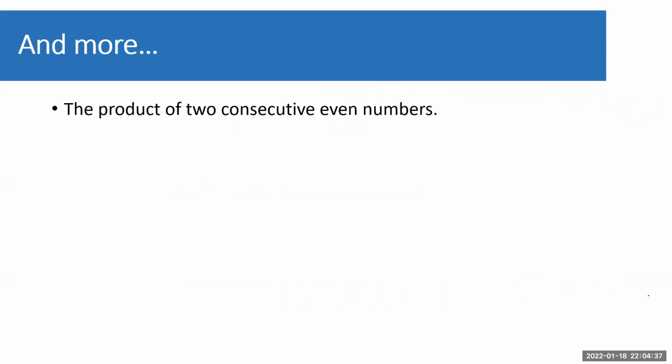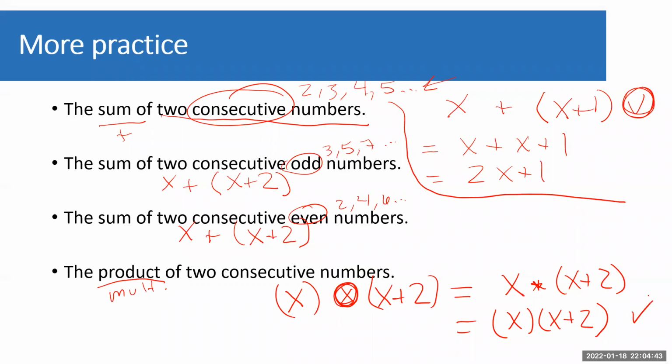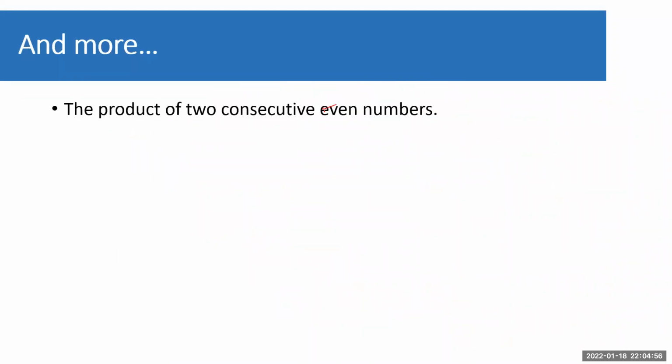Okay, let's do some more. The product of two consecutive even numbers. So before, oh my goodness, I did even numbers here. I'm sorry guys, let's talk about the product of two consecutive, not even, let's just say consecutive numbers since we just did even a minute ago.